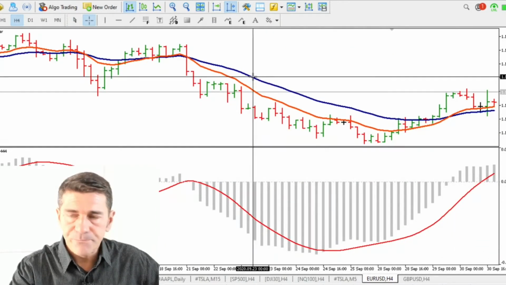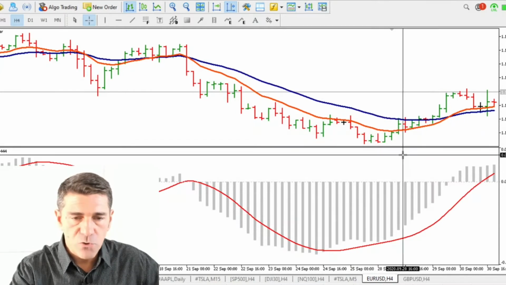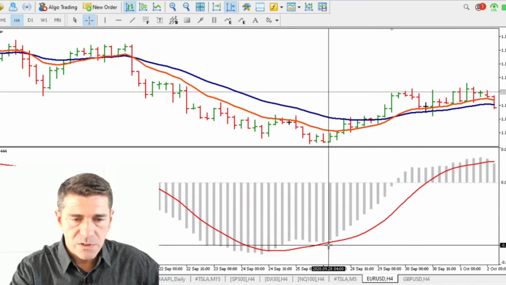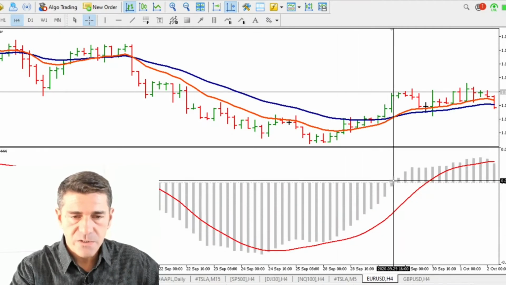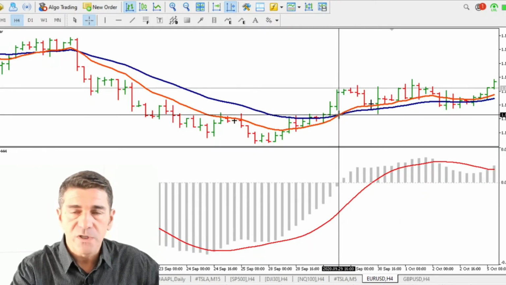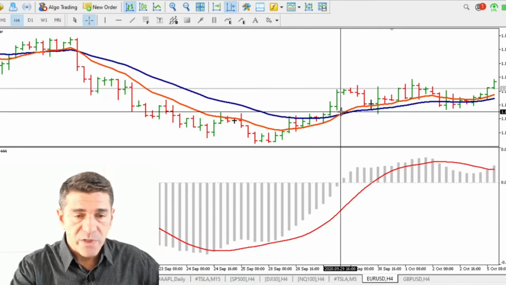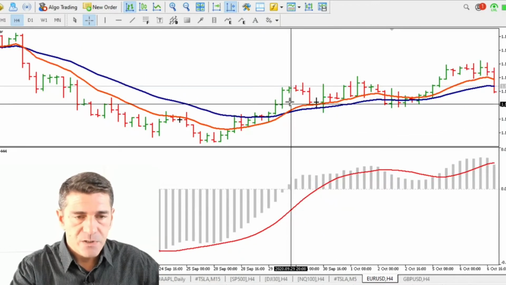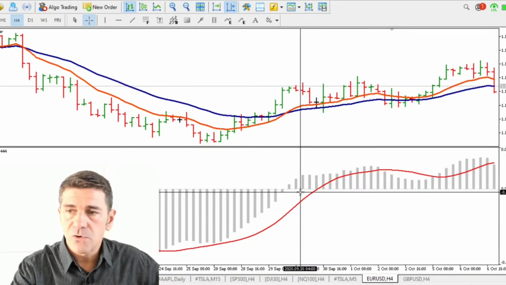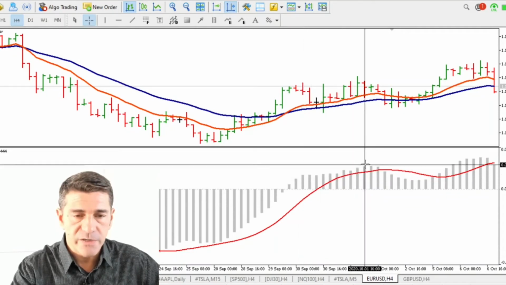When this downtrend is over, we are going to see an increase of these pillars, and once we have a crossing between the two moving averages, we have a classic potential buy signal, and since then the MACD histogram is already going to be above the zero level.